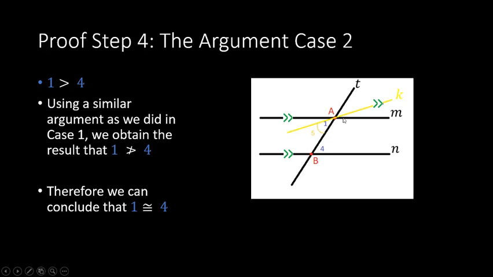And again, by the alternate interior angles theorem, this would mean that line K is parallel to line N, but line N is already parallel to line M, and K and M both pass through point A. So because we just proved that 1 is not less than 4, and also that angle 1 is not greater than 4, we must conclude that angle 1 is congruent to angle 4.